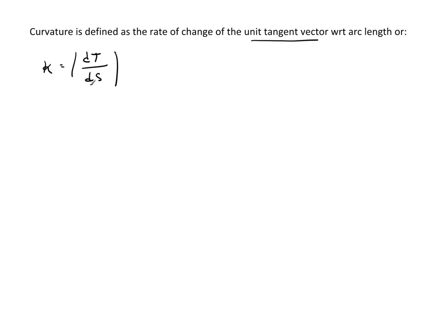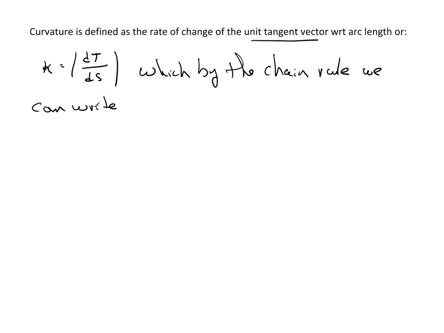That's what this is, the arc length, which by the chain rule we can simply write as dT/dt, the derivative of the unit tangent vector with respect to t, equals dT/ds times ds/dt.